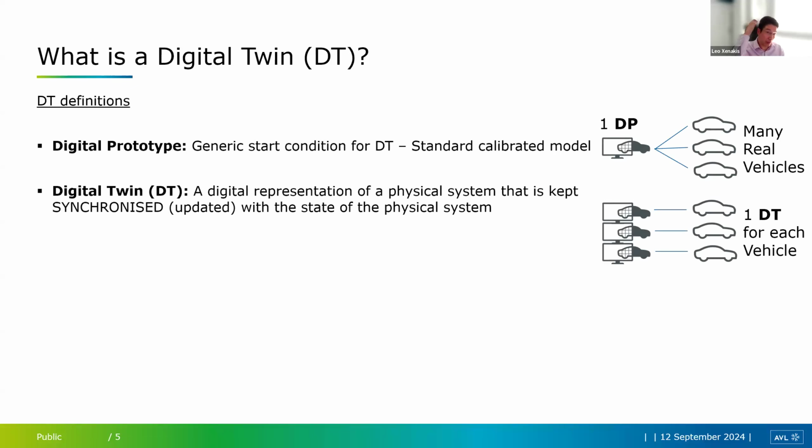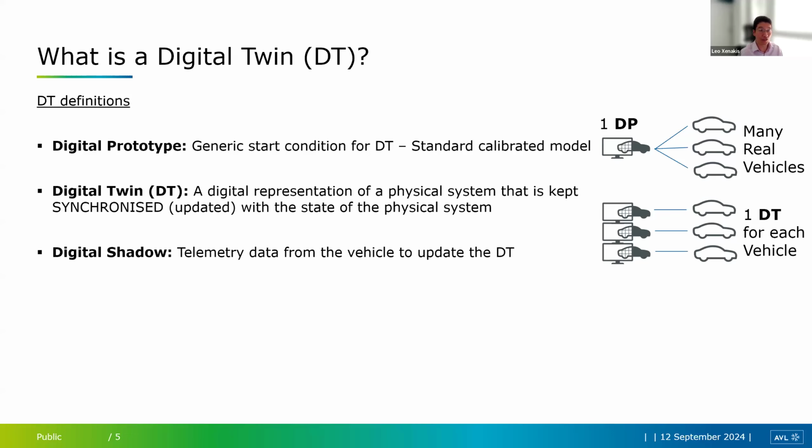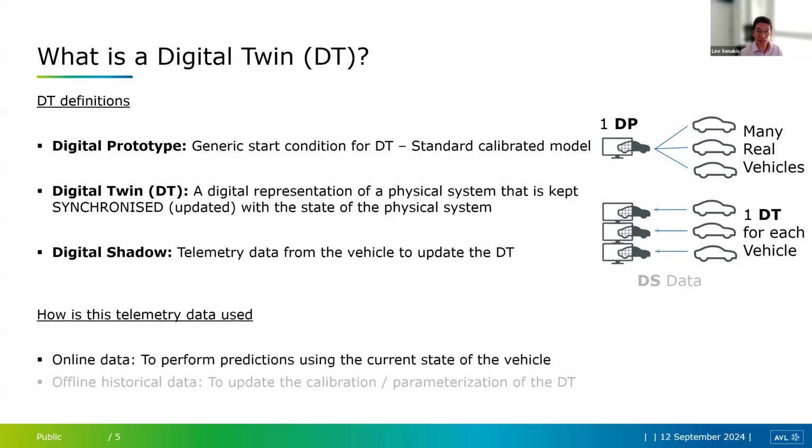And once you have some data from the vehicles, which are kept in sync with these models, then you can call this a digital twin. You can keep the models updated and in sync by relying on the digital shadow, which is this telemetry data that comes from the vehicles and is used to update the digital twins.